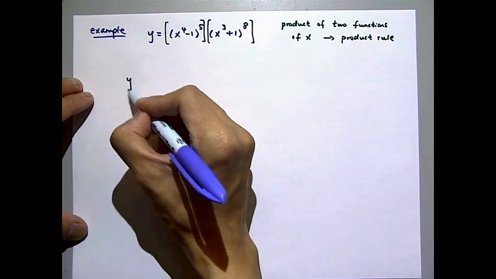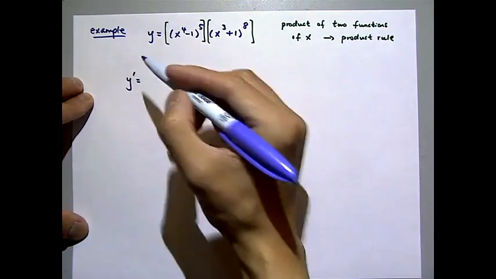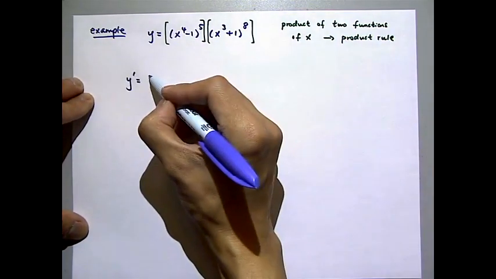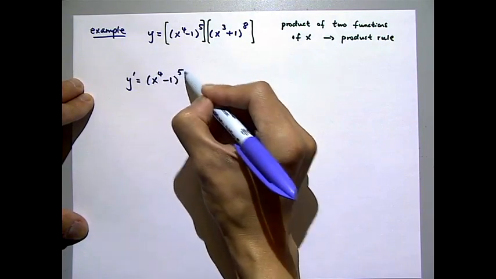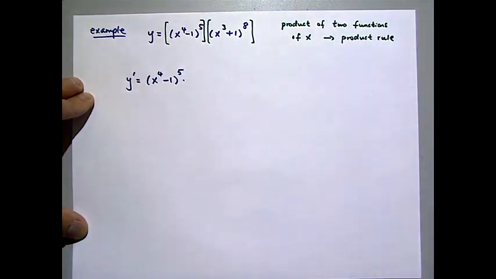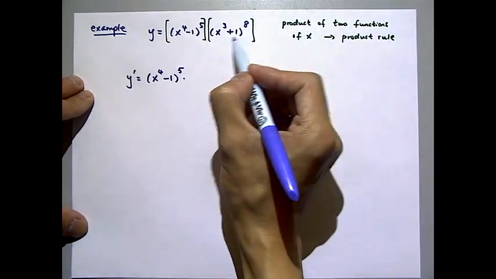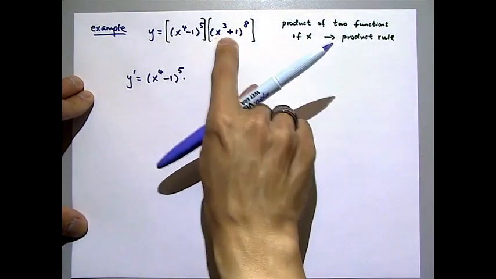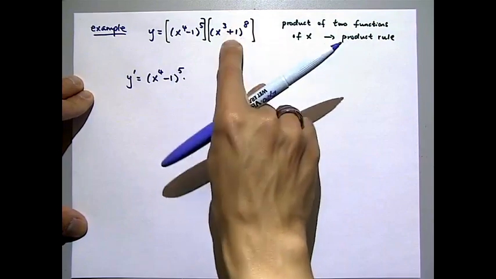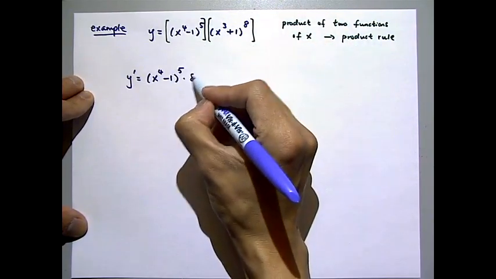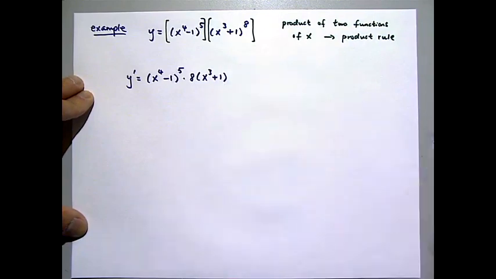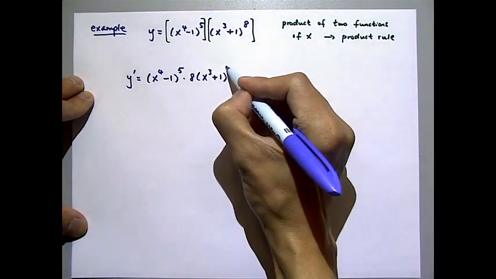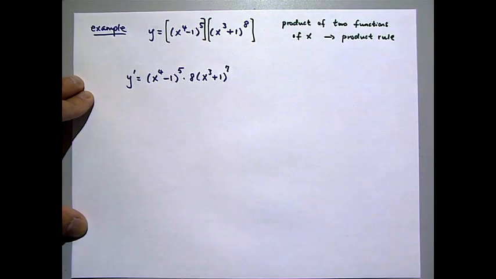Okay, so we get y prime is equal to, applying the product rule now, first times the derivative of the second. So second part here is u to the 8th, right? We bring the 8 down, keep whatever we're calling u for the moment the same, reduce the power by 1, and what else?